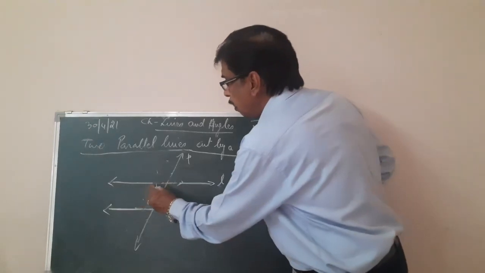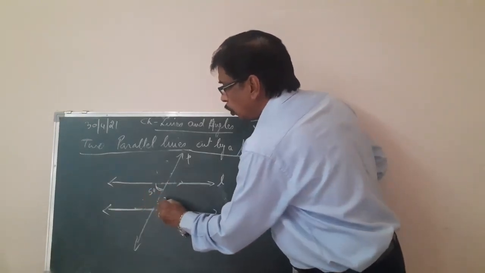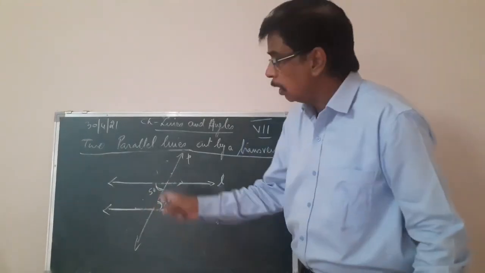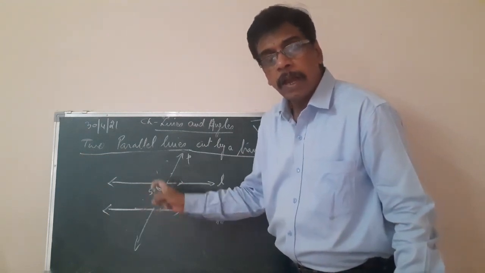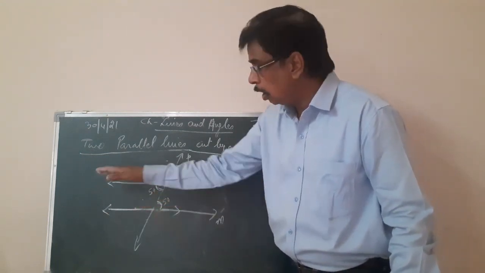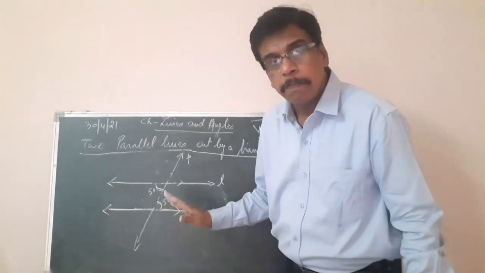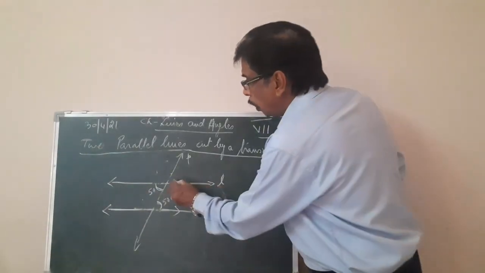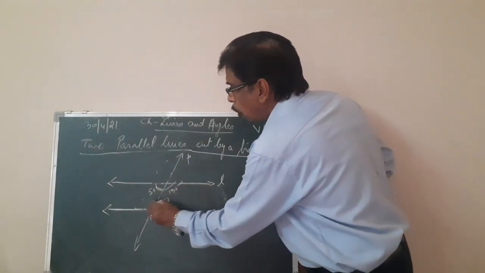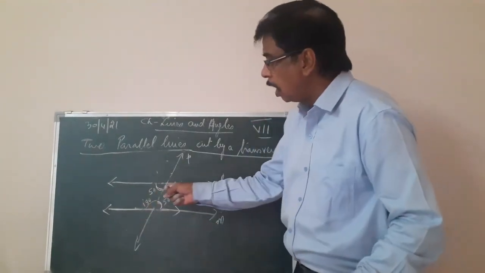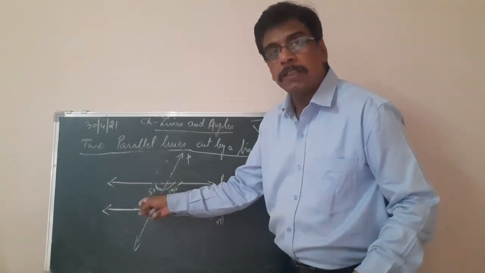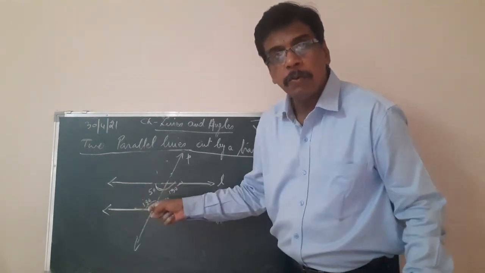So if this is say 50 degree, this will also be 50 degree. Reason, they are alternate interior angles. And alternate interior angles are equal if the lines are given parallel. If this is 130 degree, then this will also be 130 degree. They are alternate interior angles. They are equal.